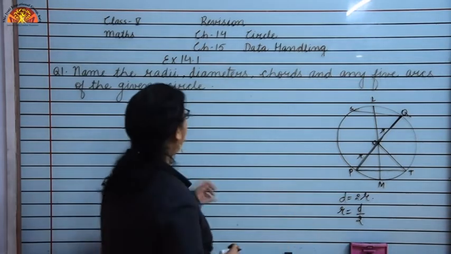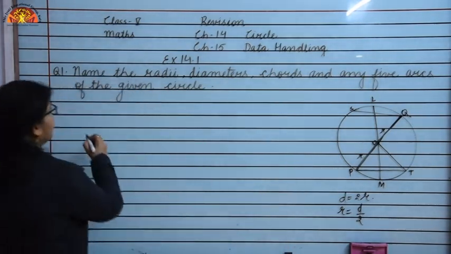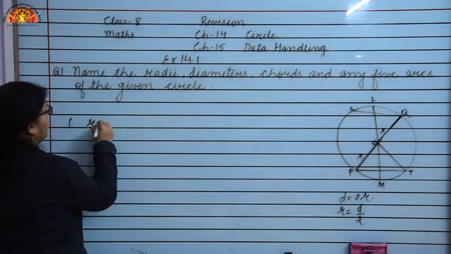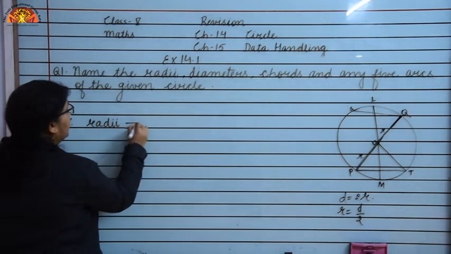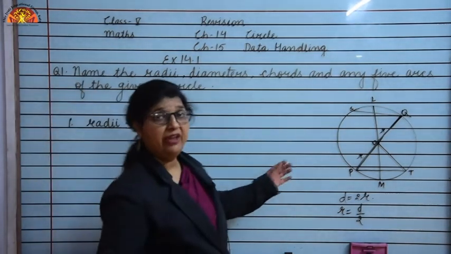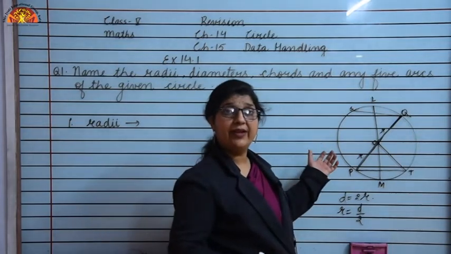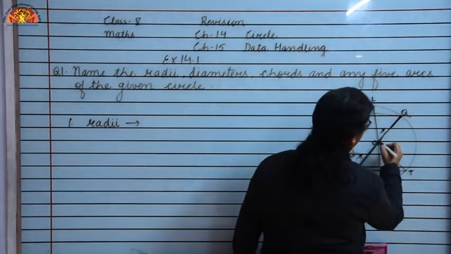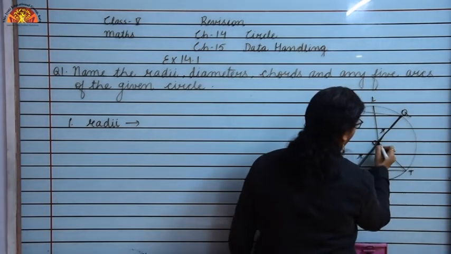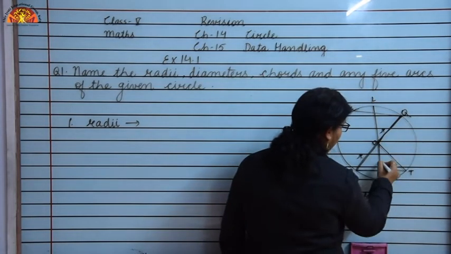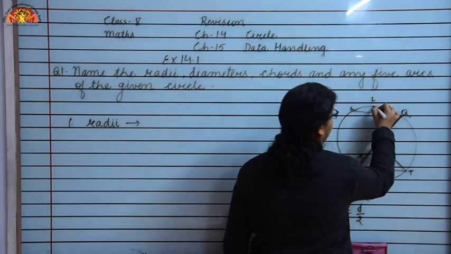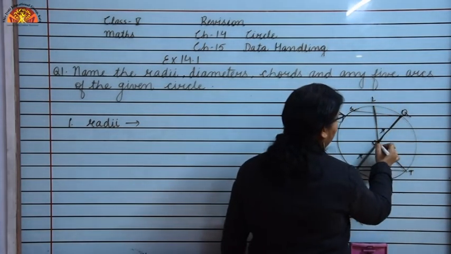Now first we find out the radii of the circle. If we have plural, more than one radius, then we call them radii. Now OQ, OP, OM, OT and OL are the radii of the circle.